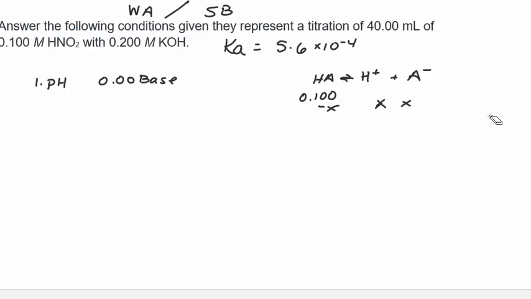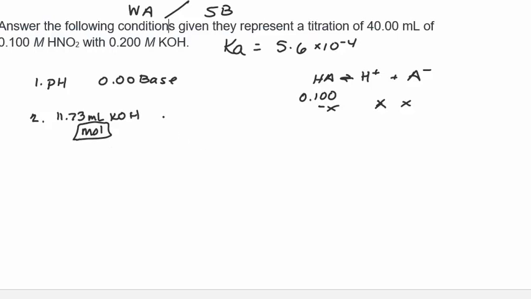Then we have the second scenario. In the second scenario, we have added some base, and in this problem I'm given 11.73 milliliters of my KOH. So what's the new pH? Well, now I need to calculate my moles. So on either side of the equivalence point or anything other than 0, we need to look at the moles that we have.